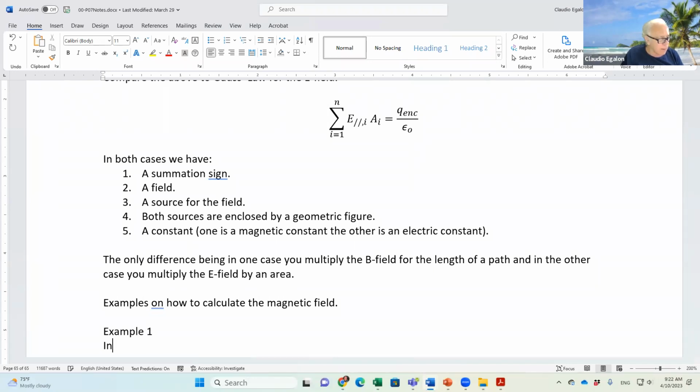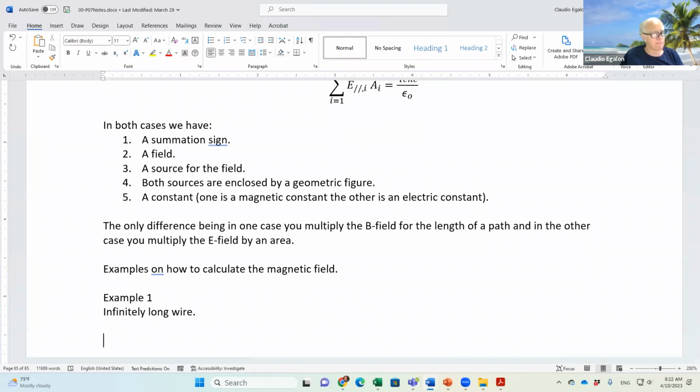Example 1: an infinitely long wire carrying a current I.